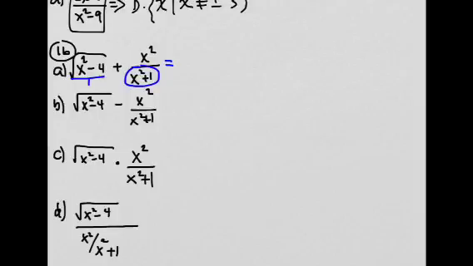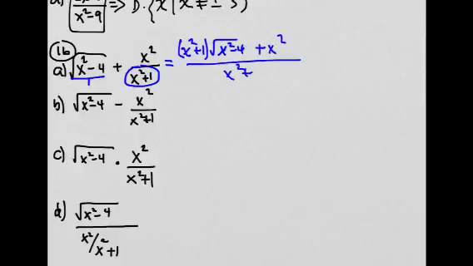So that'll give me x squared plus 1 times, I'll put parentheses around here, the square root of x squared minus 4, plus x squared, all over x squared plus 1. So this would be the sum of the functions.